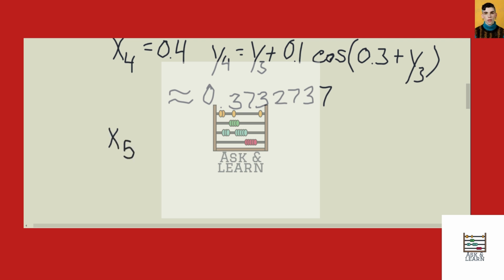Step x5 is equal to 0.5. One more step after this one.